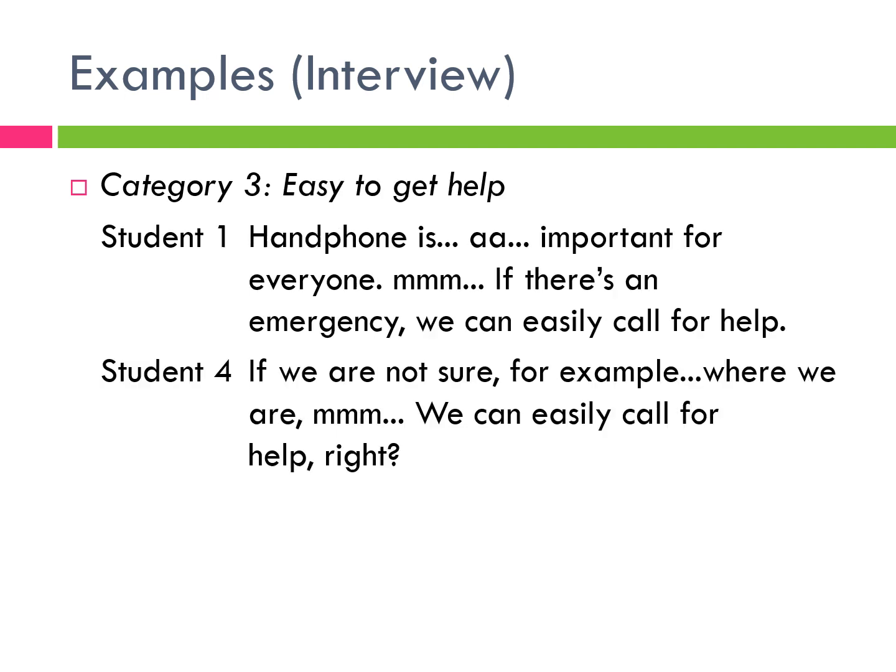And then category 3, student 1 and student 4. The category is easy to get help. You can refer to the example for question 2 on the interview. Okay, right. So these are the responses.